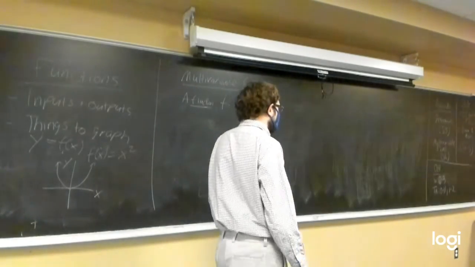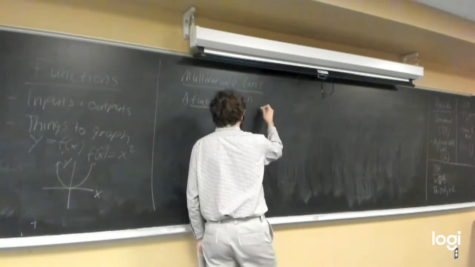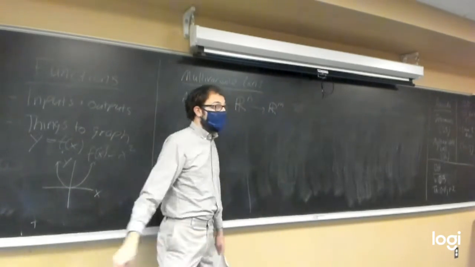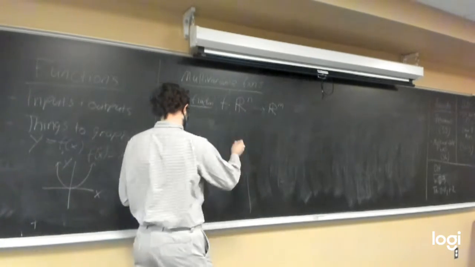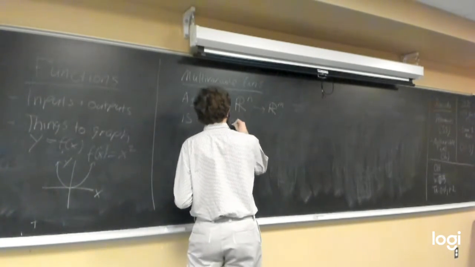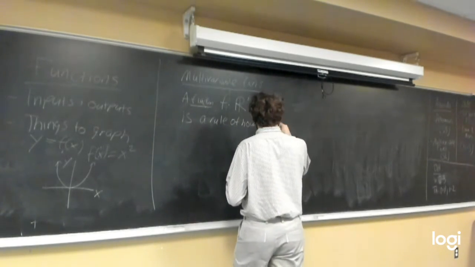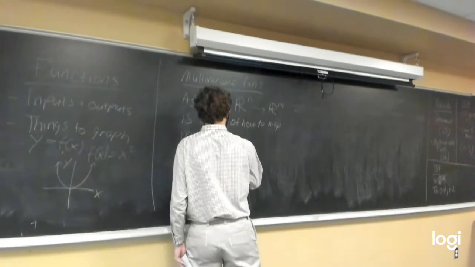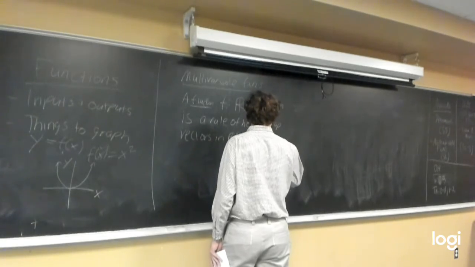A function is going to be a rule that takes vectors in some Rn, and spits out vectors in either the same Rn or a different Rm. That's just a rule of how to map vectors in Rn to vectors in Rm.